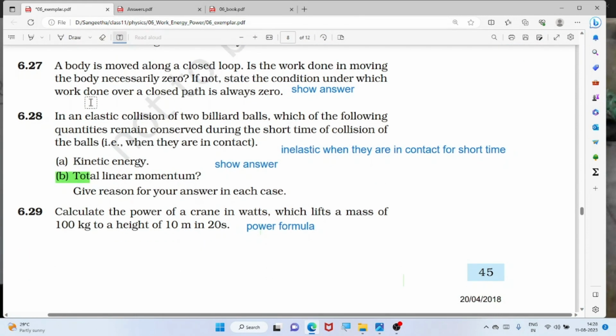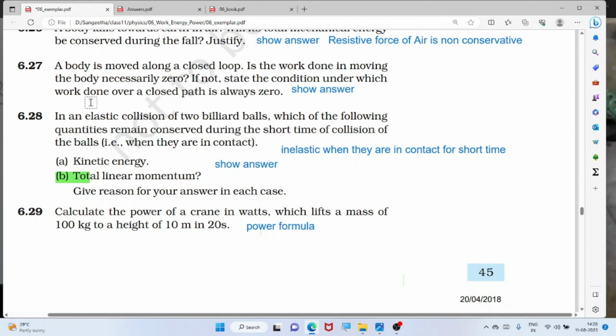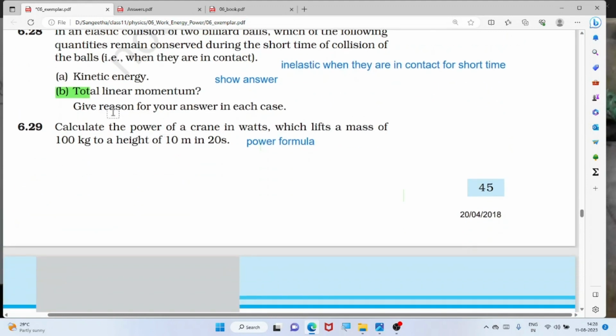In an elastic collision, both momentum and energy are conserved. Which of the following quantities remain conserved during the short time of the collision of the balls? During the collision both are in contact, so it is inelastic for that short time, and only momentum will be conserved.